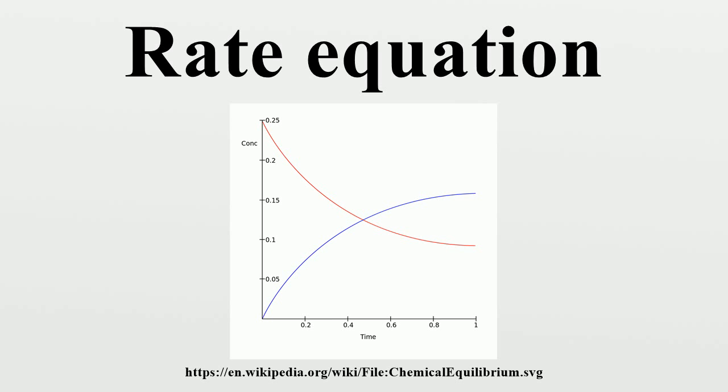Simple example: in a simple equilibrium between two species, where the reaction starts with an initial concentration of A, with an initial concentration of 0 for B at time t equals 0, then the constant K at equilibrium is expressed as follows, where [A]eq and [B]eq are the concentrations of A and B at equilibrium, respectively. The concentration of A at time t is related to the concentration of B at time t by the equilibrium reaction equation.